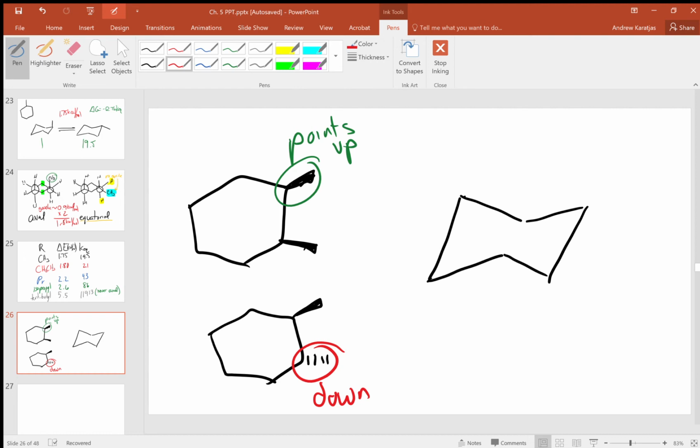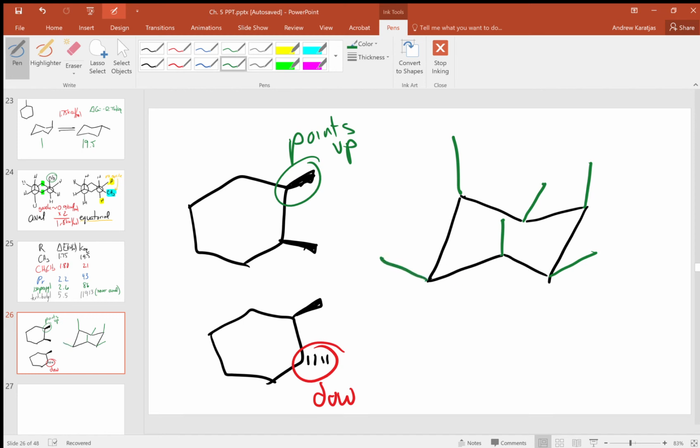Now, of our 12 substituents, our 6 axial and 6 equatorial, which ones are pointing up, which ones are pointing down? Well, with the axials, it's probably straightforward. That one's pointing up from the ring, that one is, and that one is. But so are these 3 equatorial ones. They're also pointing up.